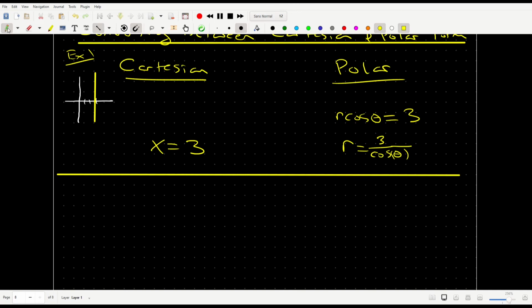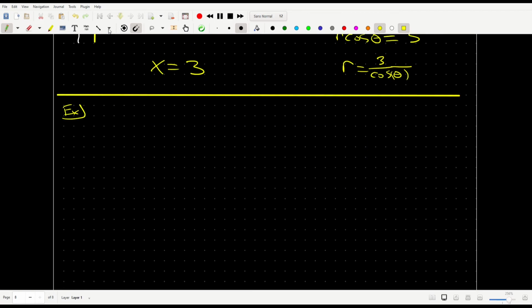For a more complicated example, take the hyperbola, which you saw on the previous written assignment. This curve, very quickly here, looks like this.